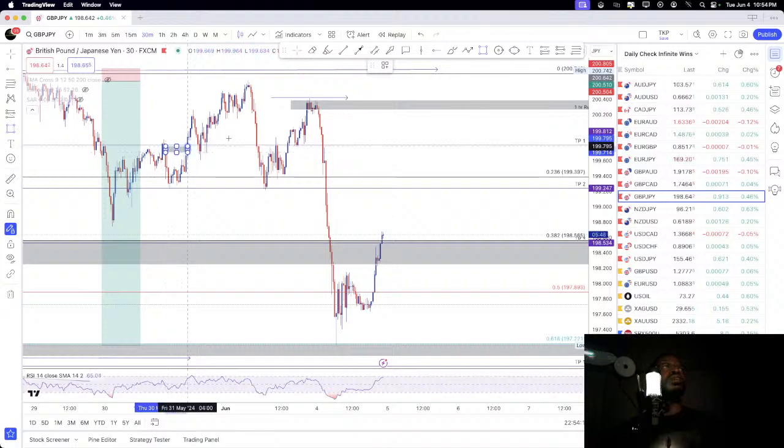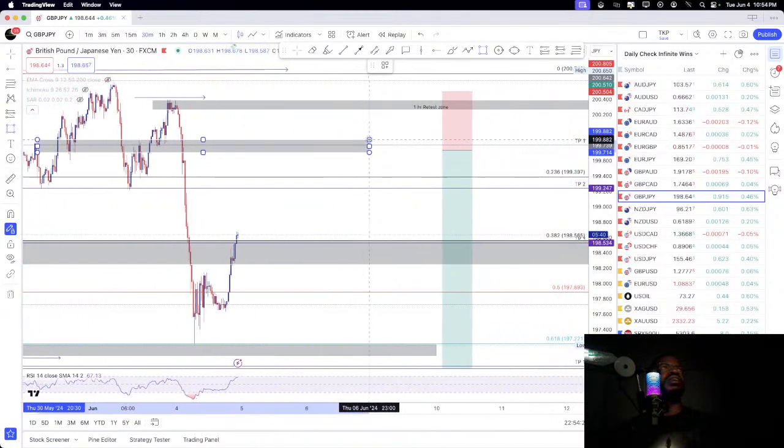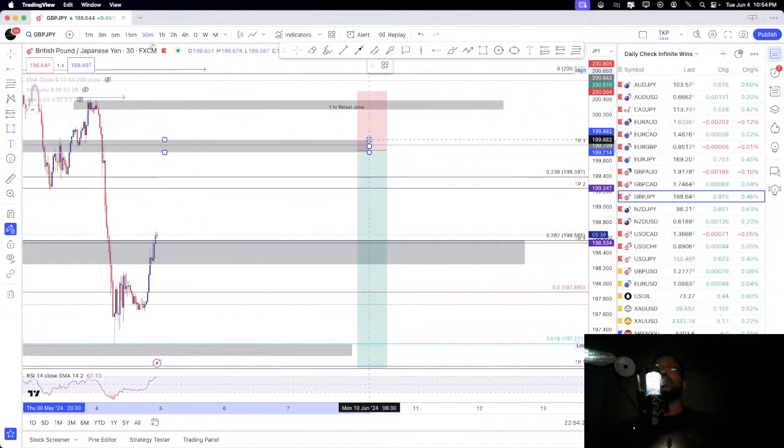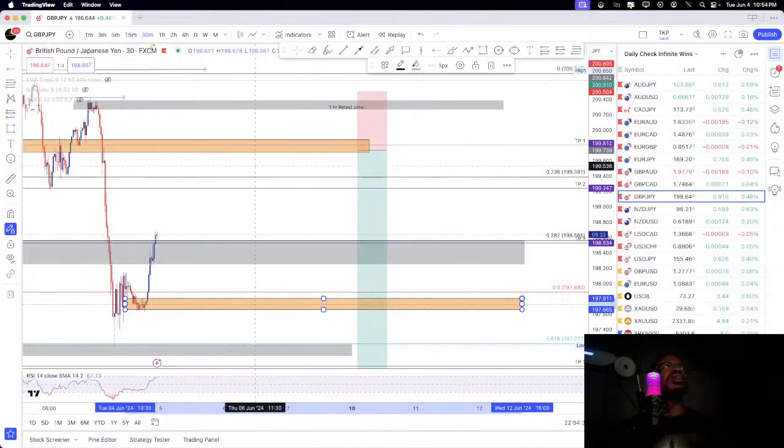Okay, so this level of structure where we have all of these retests, this is the area that we want to play for this particular setup. Now, as far as a re-entry, we do have a double bottom at the lows right here on the 30-minute.